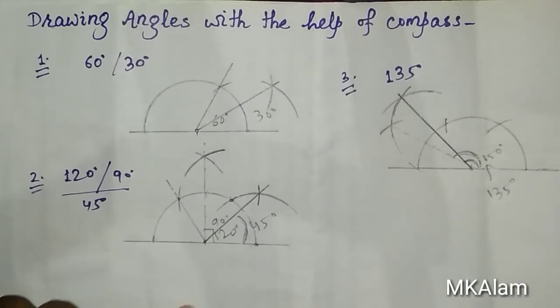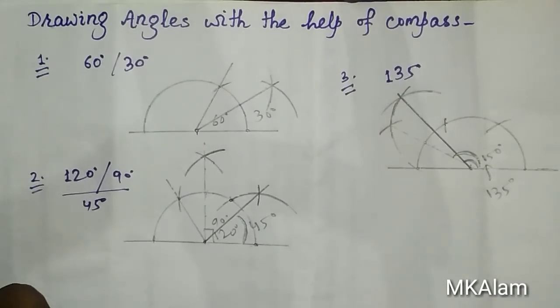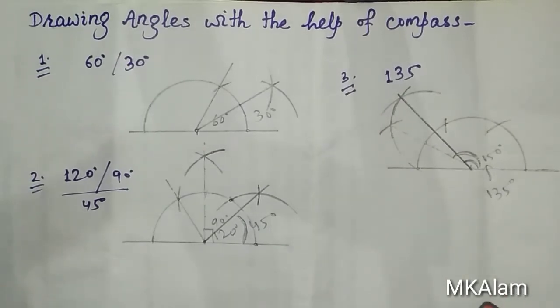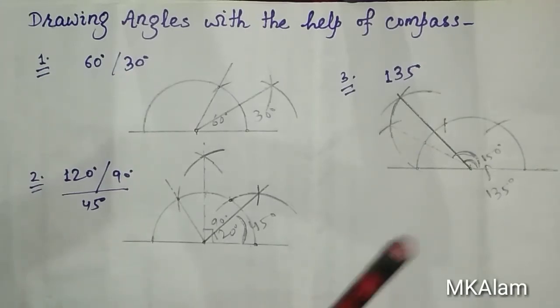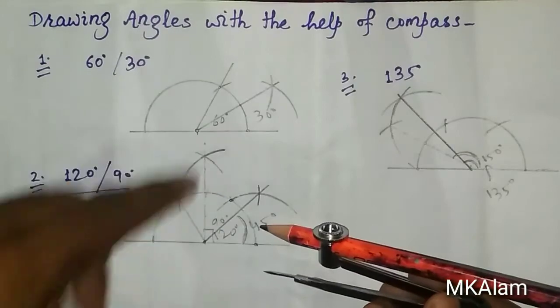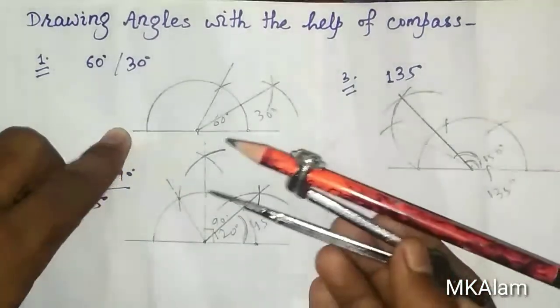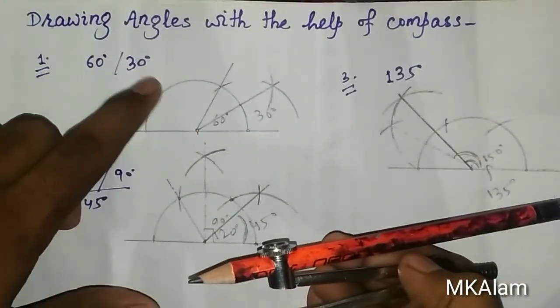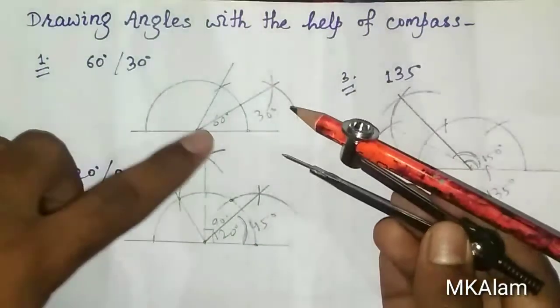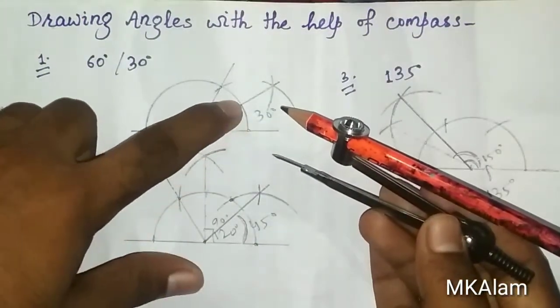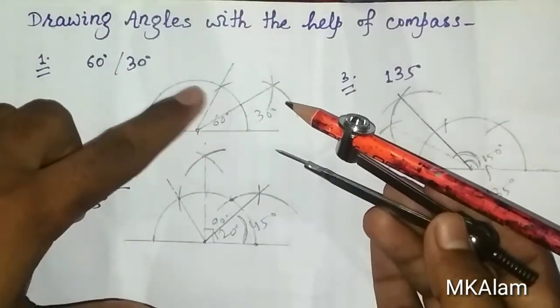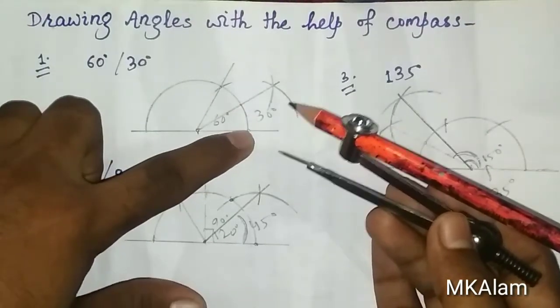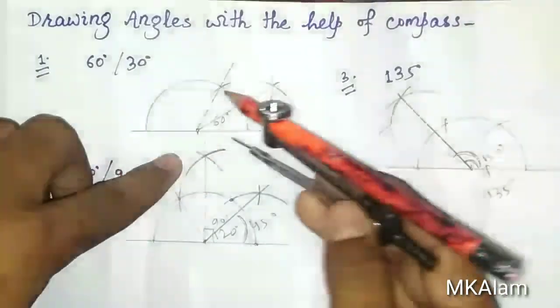Dear friends, I forgot one thing: how can you make a 15 degree angle. You will have to do only one thing. I am making you understand with the help of this angle. You know very well that from here to here you have a 30 degree angle, and if you divide this angle, then what will you get? You will get a 15 degree angle.